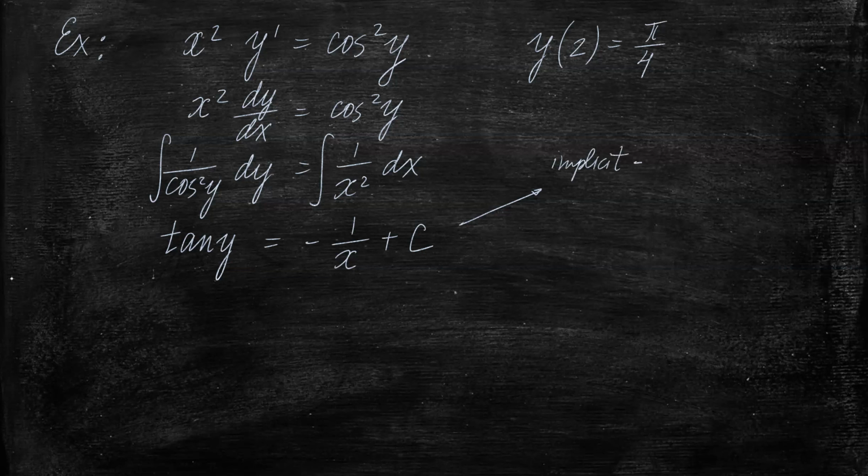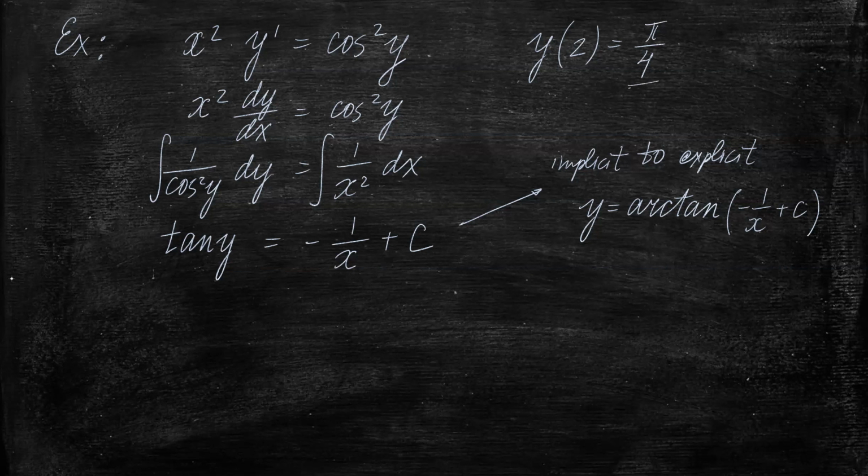And if we want to turn implicit to explicit, we have to isolate y, and we can do that by, in this case, let's see, we have to be careful here. So tangent y is equal to that, so we can try to isolate y by applying arctangent, but we have to be careful because arctangent is only defined on the interval from negative pi over 2 to pi over 2.